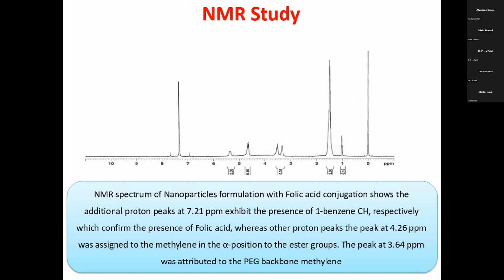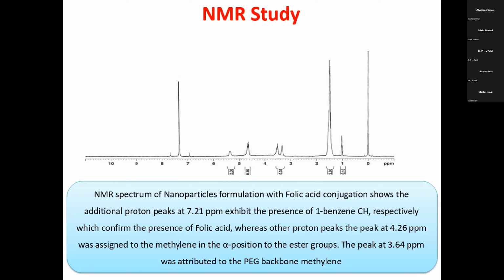Again, for confirmation, we went with the NMR study to check whether folic acid is properly conjugated with our liposomal nanoparticle. The NMR study shows the folic acid was successfully conjugated with the liposomal nanoparticle through the PEG backbone by the methylene group.